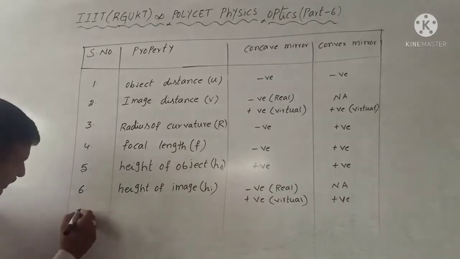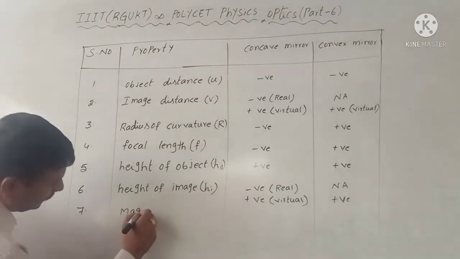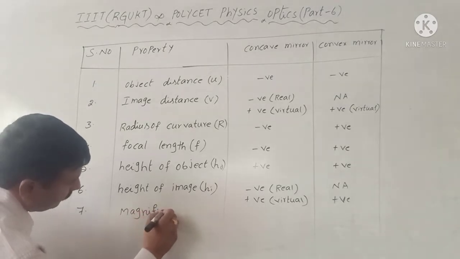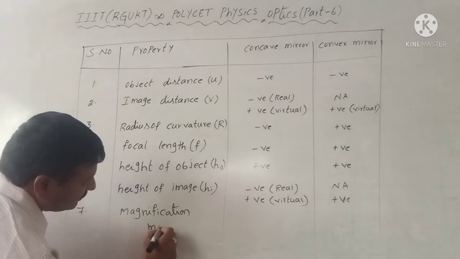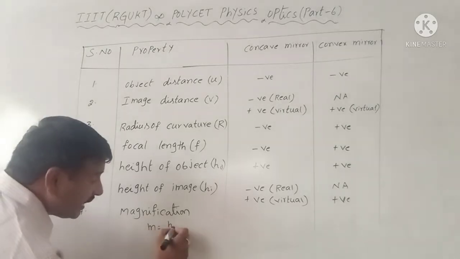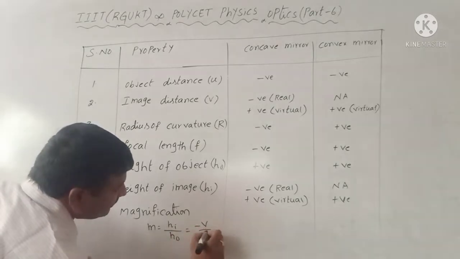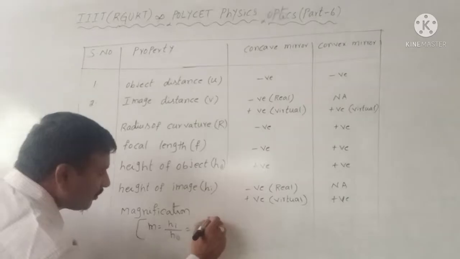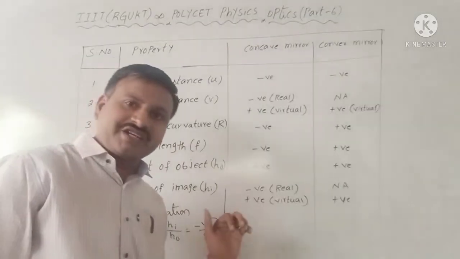And the last one is magnification. Magnification M is equal to HI by HO, that equals minus V by U. It is the formula of magnification. What is magnification?